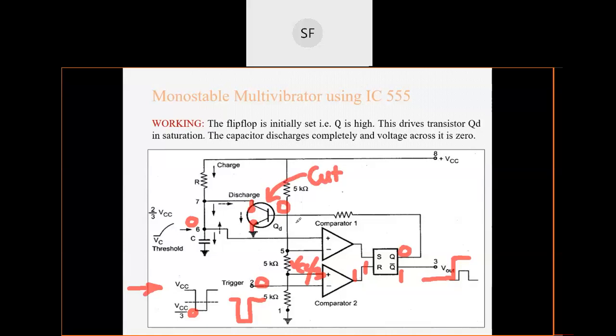Initially it was in saturation, so that's why we have considered short circuit. But now since low voltage is applied to the base, your transistor will act as an open circuit.